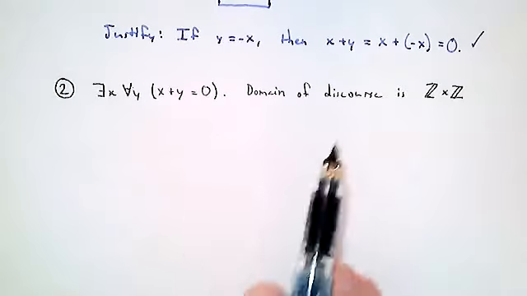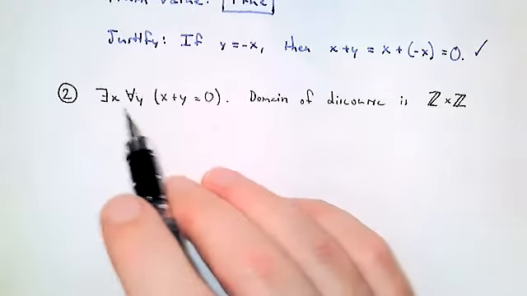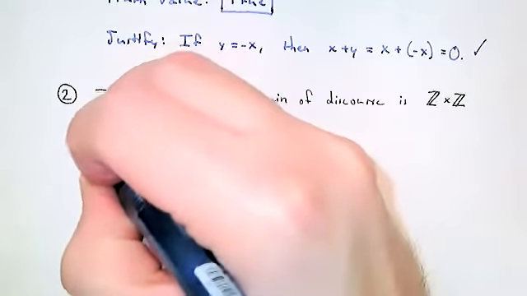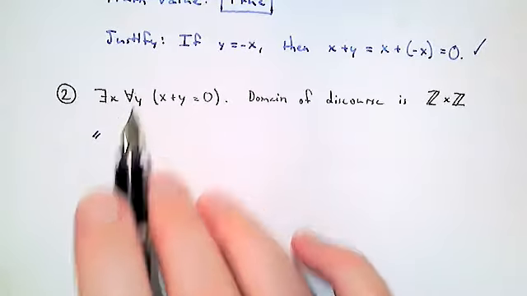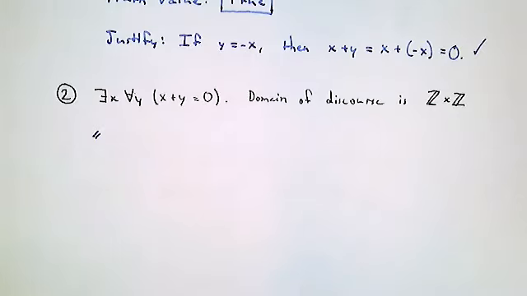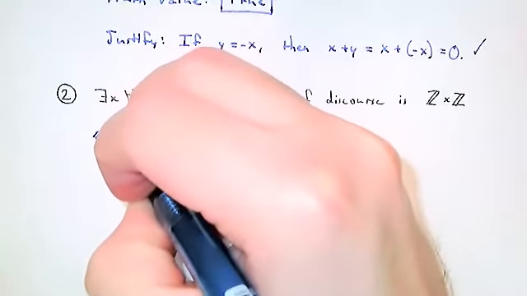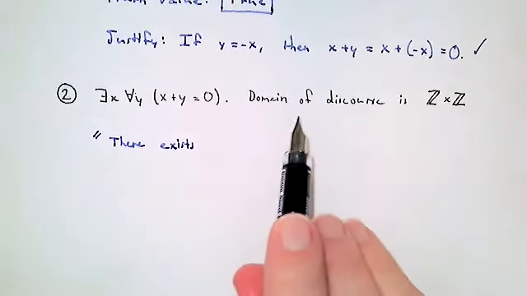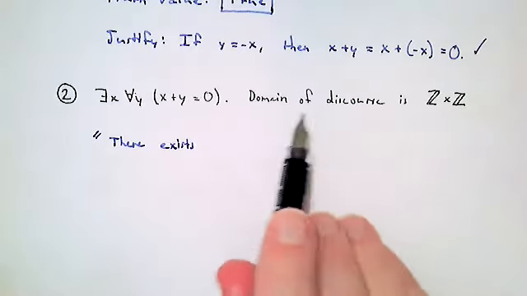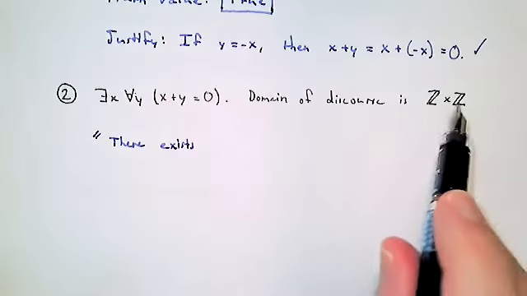Since this one is written out in symbols, what we need to do is translate it back into words to make sure that we understand it. You could go back to the table and read off what this means, or you can work from scratch. You have an existential, so there exists. We could also incorporate this other information. We're talking about pairs of integers, so x is an integer and y is an integer.